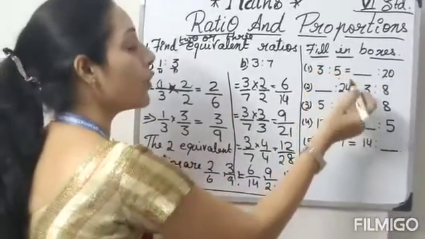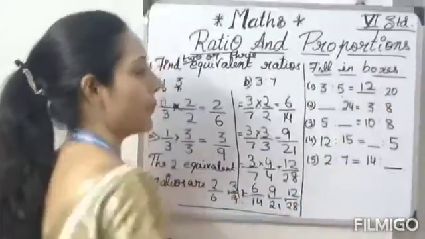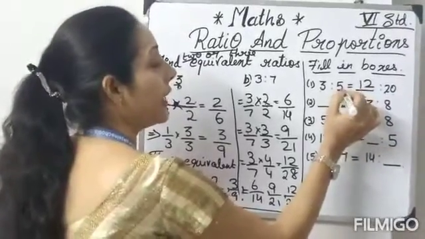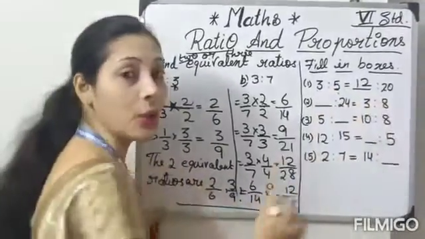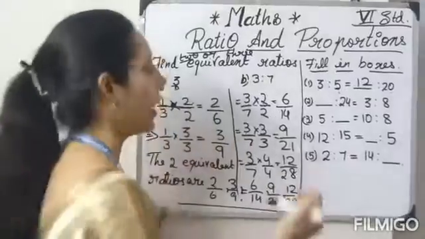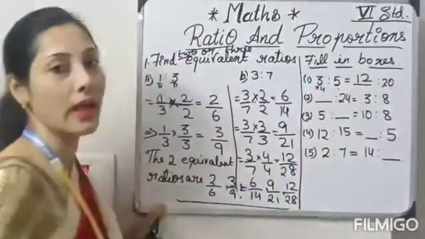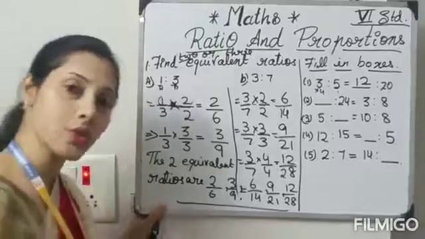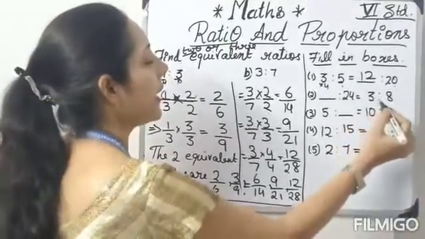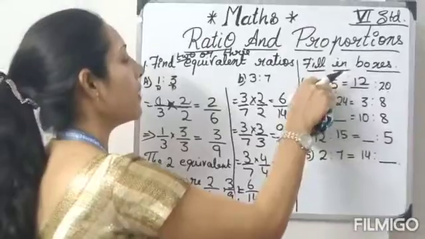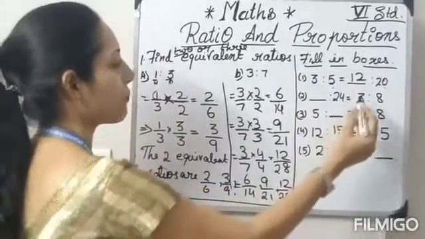So 3 fours are 12. Here they have written it oppositely, so don't get confused.